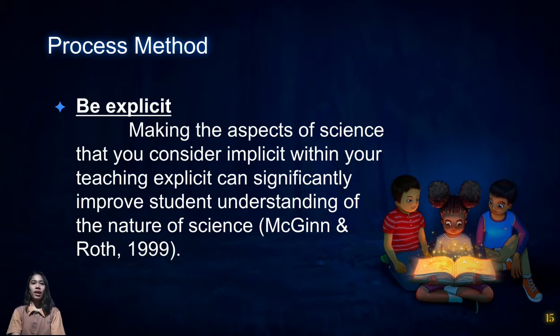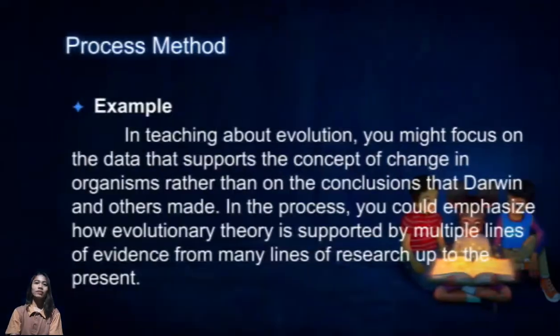Making the aspects of science that you consider implicit within your teaching explicit can significantly improve student understanding of the nature of science. By Mack, Jean, and Roth in 1999.